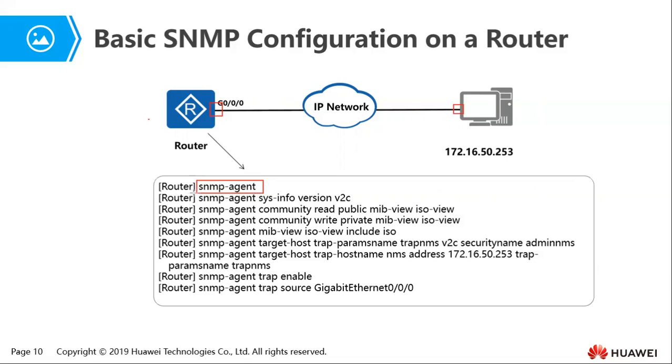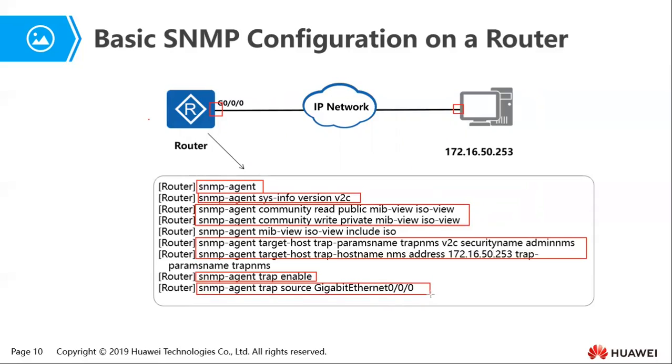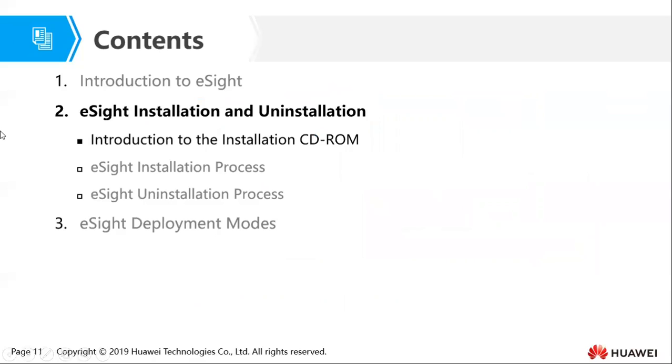Then you can use this command to select the version that you want to use, and you can enable the read and write for the MIB, like that. You can also configure the trap target, who is going to be sent the error message. You can also enable the trap, and through which interface should I send the trap. So those are some of the things that you can configure.